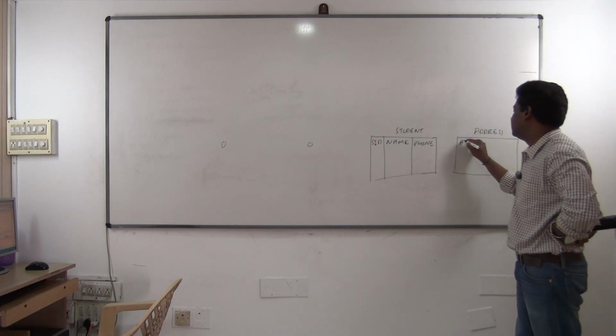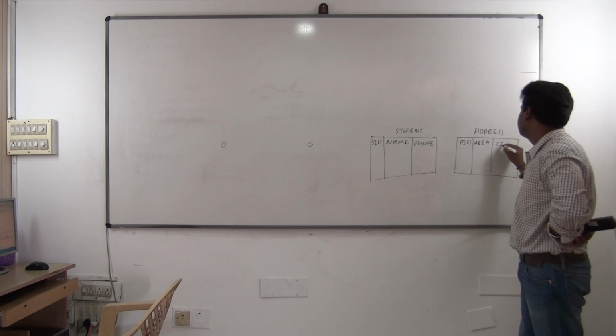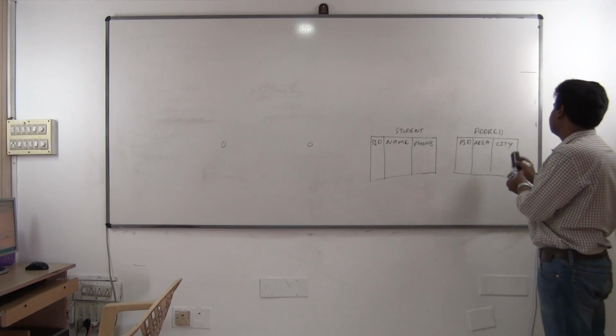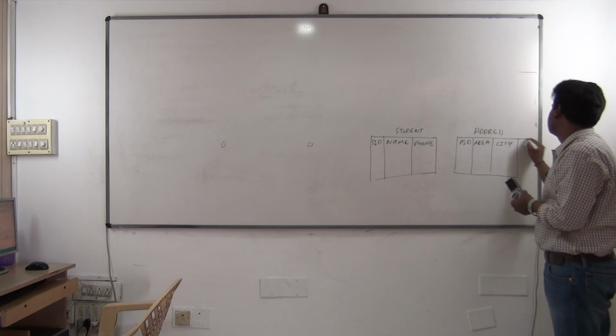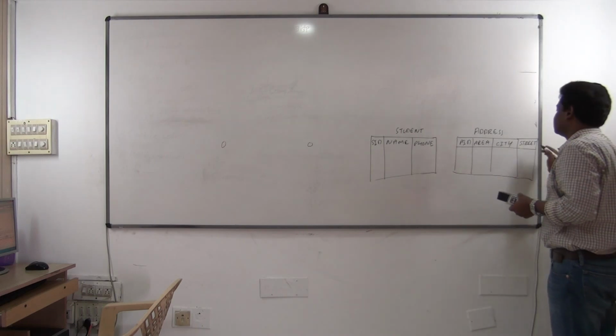And here you'll have address ID, area, city, street, like this.